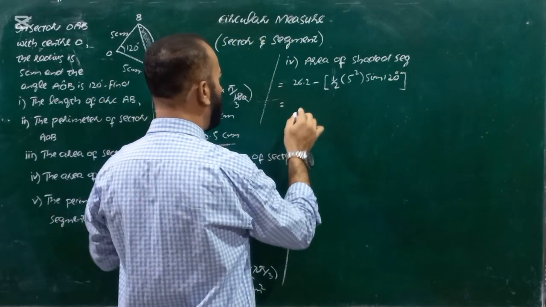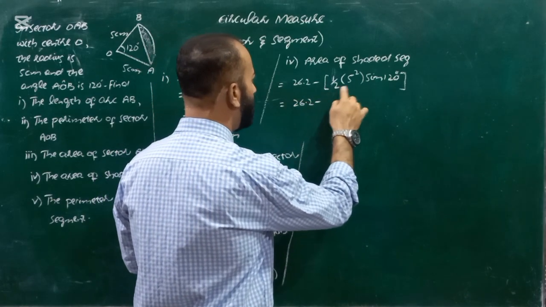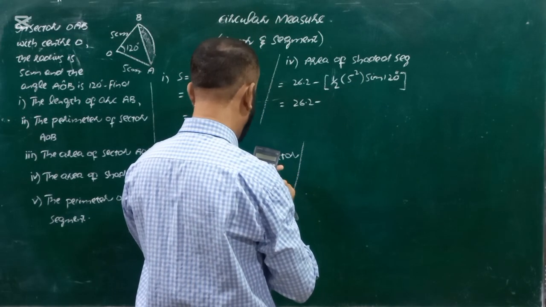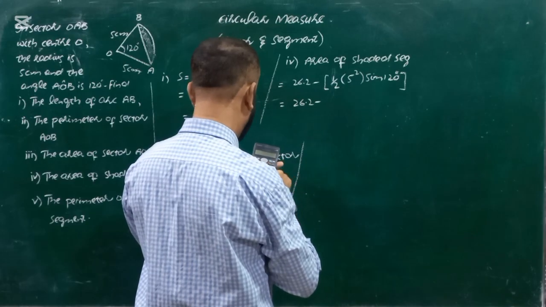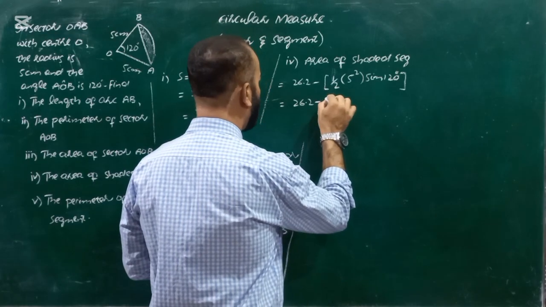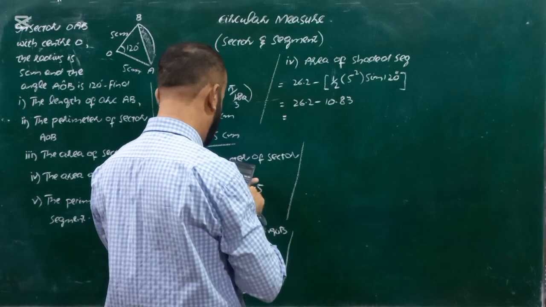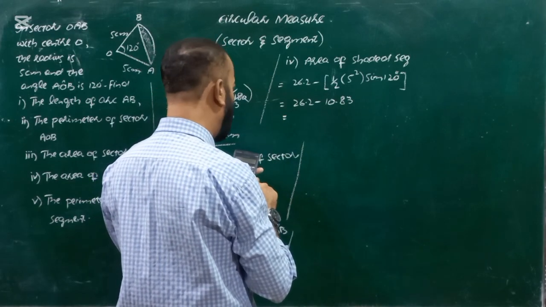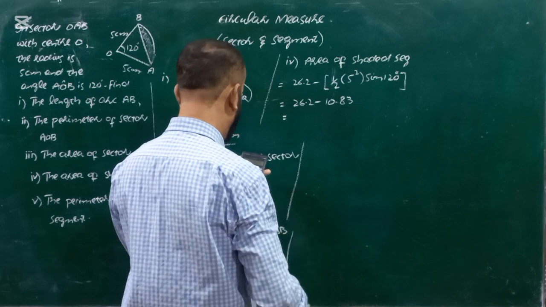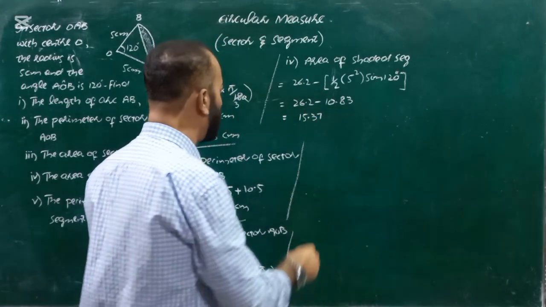Solving it on calculator now: 26.2 minus 25 by 2, that is 12.5, multiplied by sine of 120. The answer is 10.83. So subtracting them, 26.2 minus 10.83 is 15.37, and the unit is centimeter square.